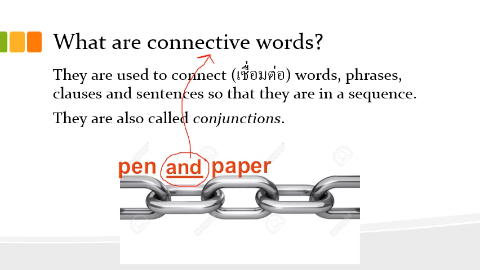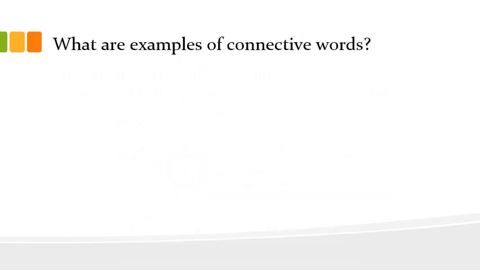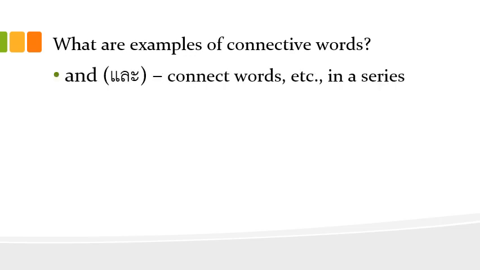But there are so many other connective words that we will learn about. I will show you 5 in this lesson. So what are examples of connective words? First is and. In Thai it is le.